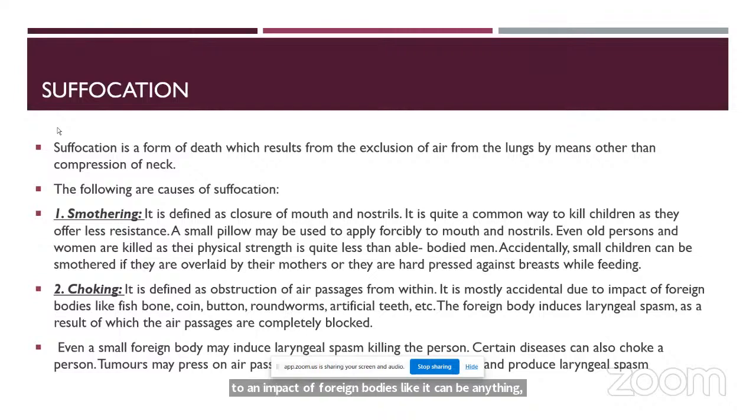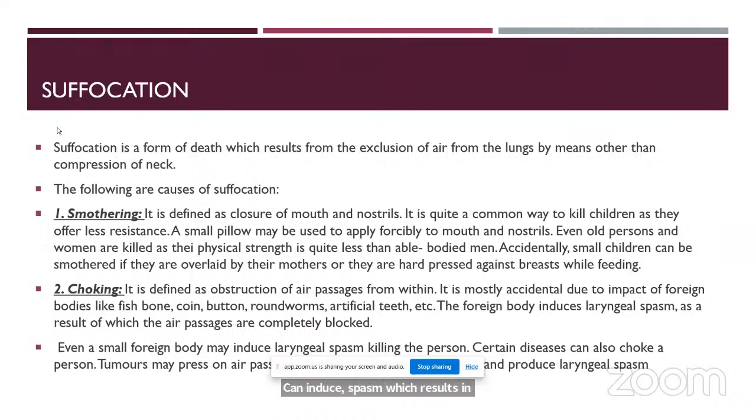The foreign body induces laryngeal spasm, which causes the air passage to be blocked completely. Even a small foreign body can induce laryngeal spasm, which can kill the person.